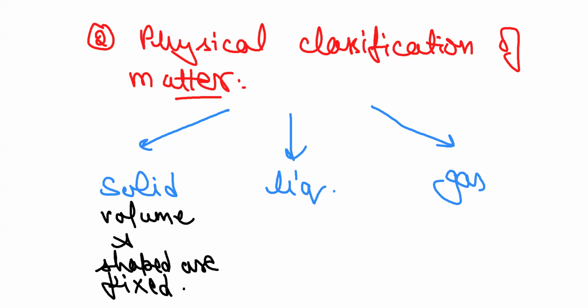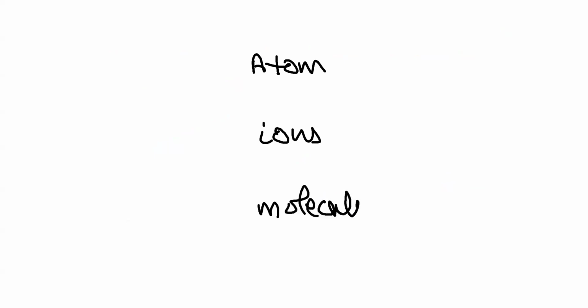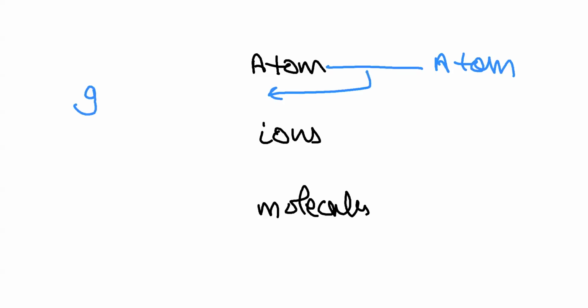In chemistry, we have to discuss only three things: atoms, ions, or molecules. We have only three entities here. The interaction between atoms is known as interatomic interaction.